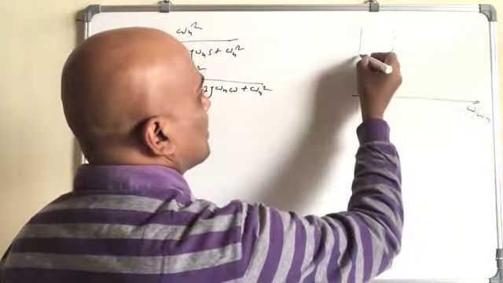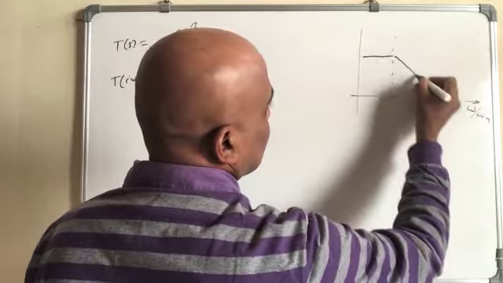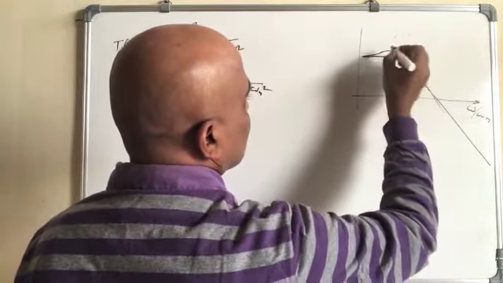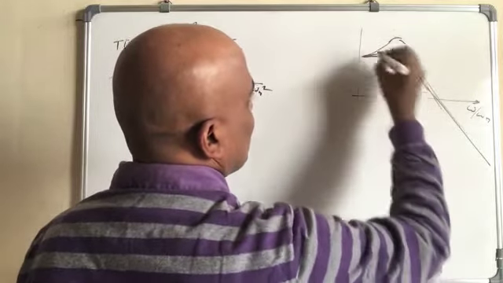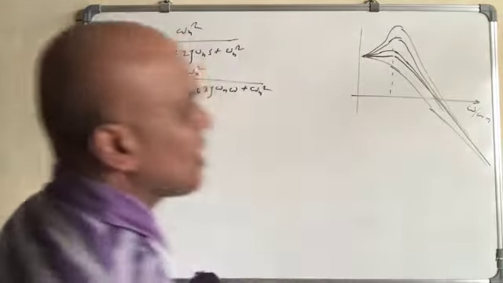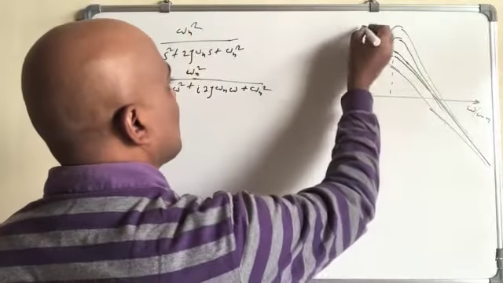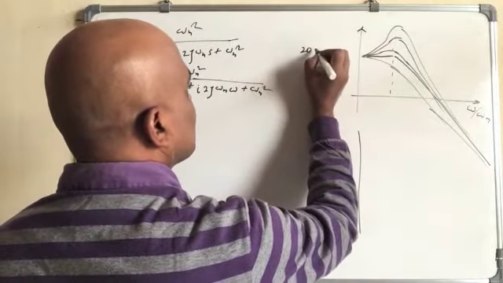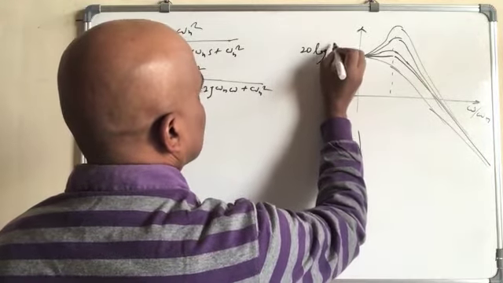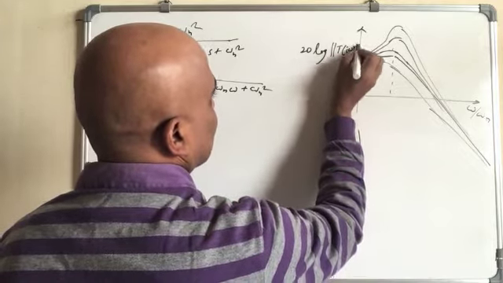And then we had something like this one, and for different zeta we had different plots, right? Yeah, for different zeta we had different plots. Similarly here we are plotting 20 log of T(i omega), right?